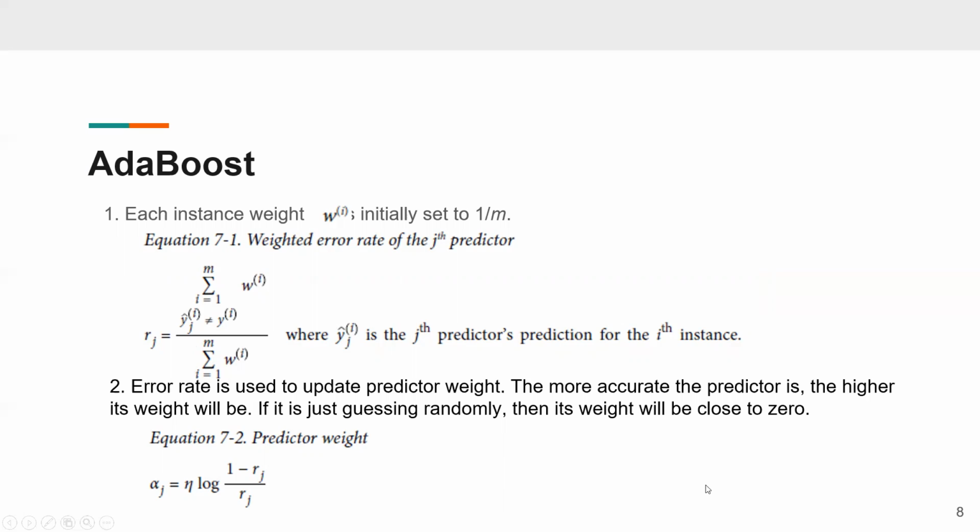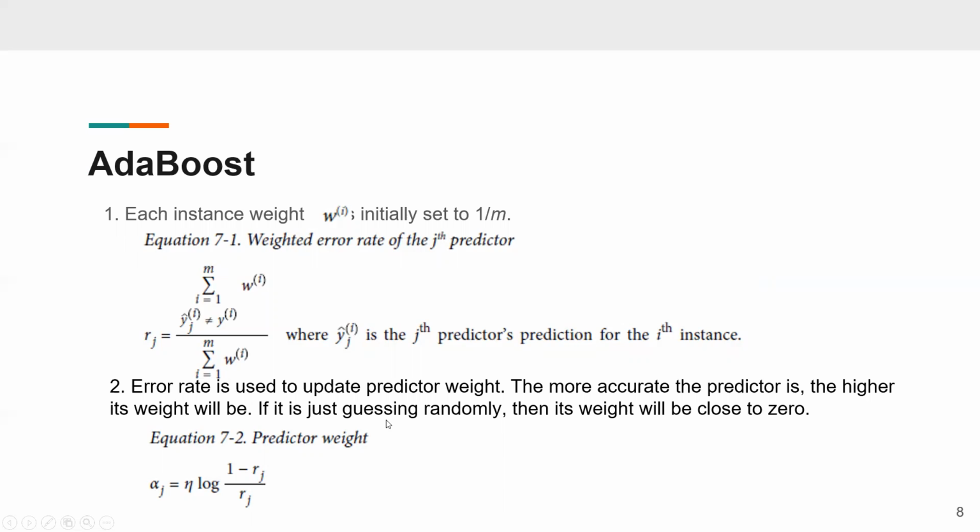Okay, and then we use this error rate to update the predictor weight. A predictor is essentially a new model, a new classifier. It's called a predictor. So the more accurate the predictor is, the higher its weight will be.